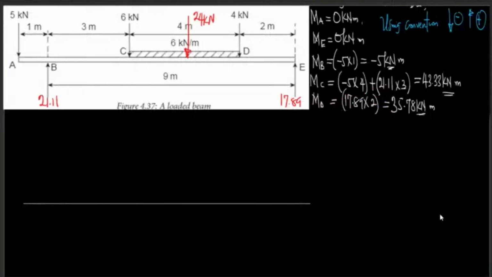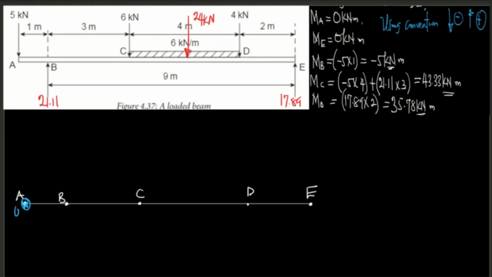Okay, let's start. Bending moment diagram is the easiest. This one is 0 and this one is 0. So we can label them. This is A, this is B, this is C, it is very important. This is D and this is E. So bending moment at A is 0.